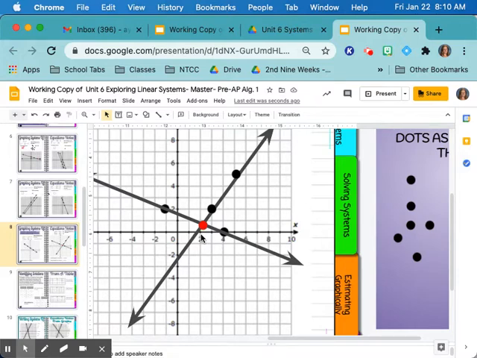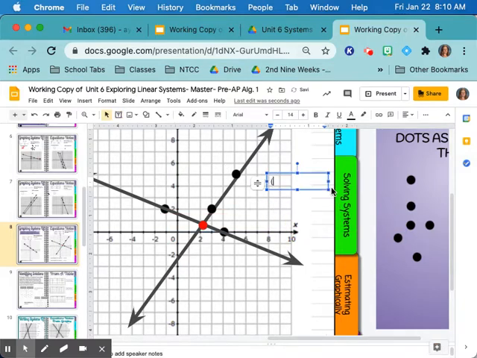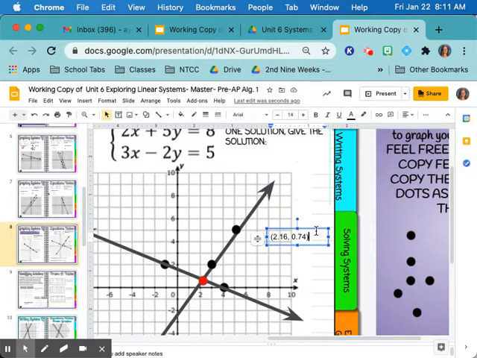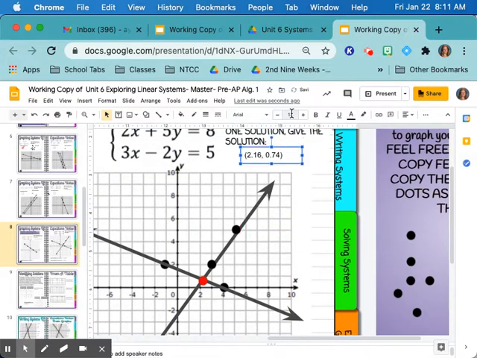So does that look like what we found, which was 2.16, 0.74? Does that look pretty accurate? A little past 2 and underneath 1. So I'm going to put this right here.